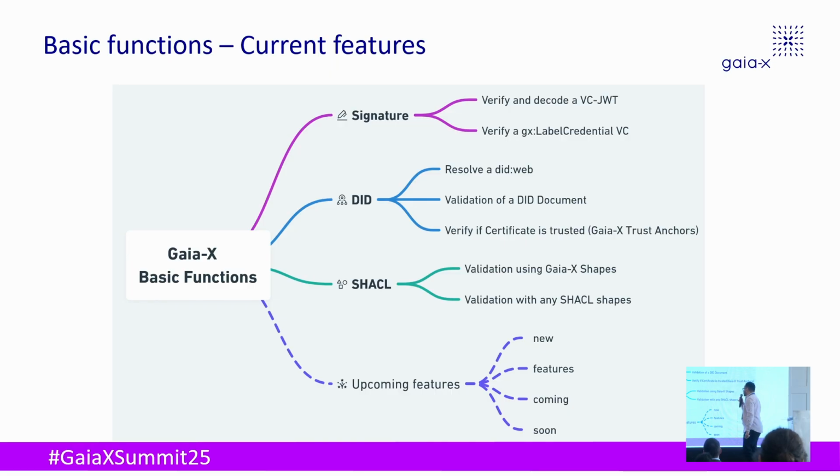And then we have the SHACL functions as well. So you can, for example, validate credentials using Gaia-X SHACL shapes, ontology, or any other SHACL shapes or any other ontology that you want to use. It's also possible to do that.